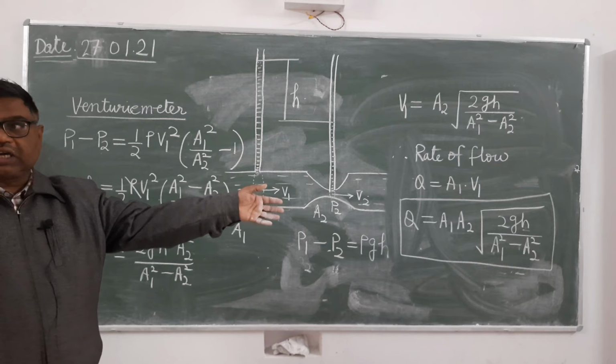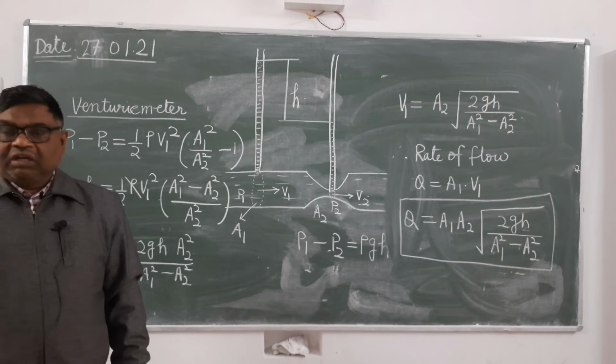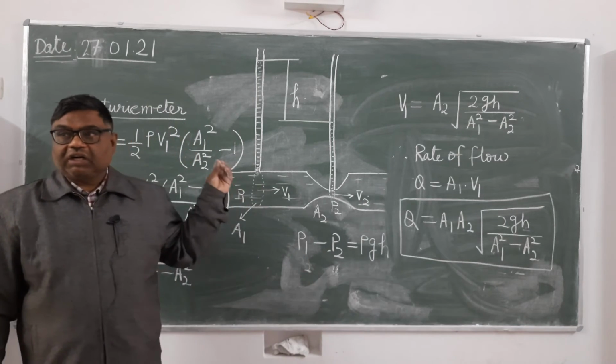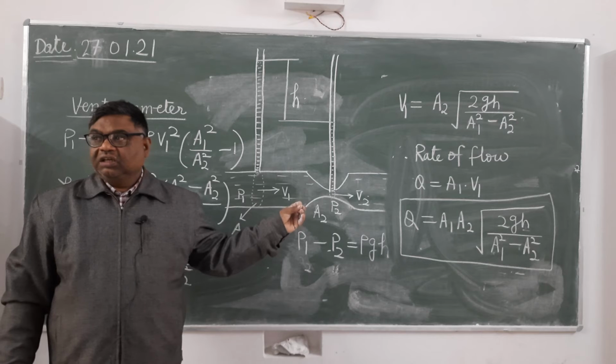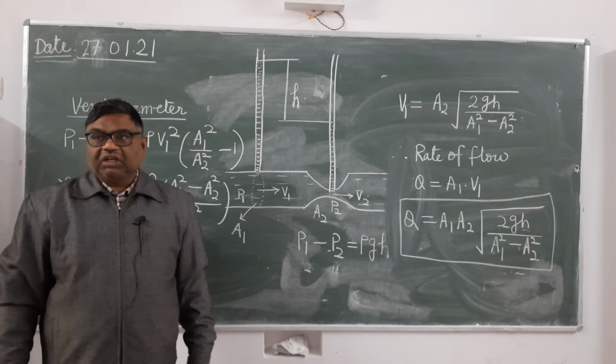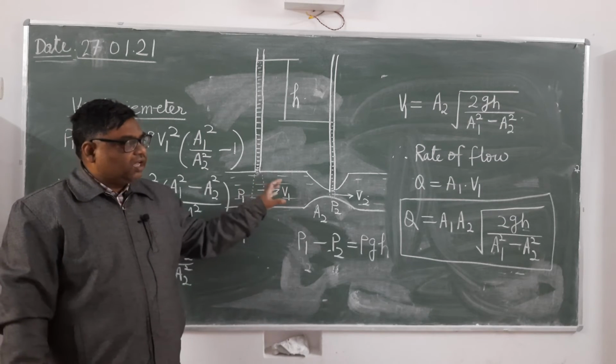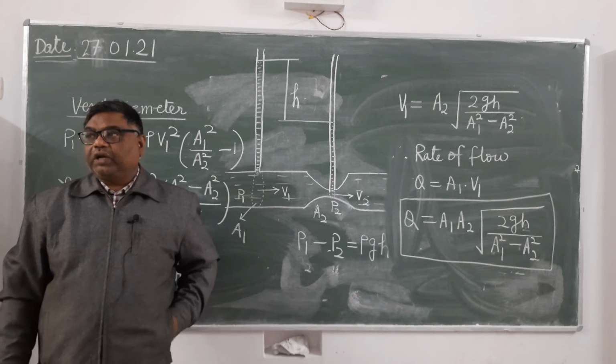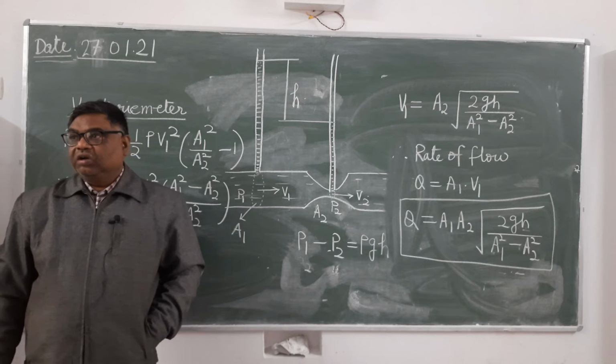That can be obtained with the help of this. And why do we say average? Because the liquid is not 100% ideal. So you will get the average rate of flow, which will be very close to the true value of the rate of flow. Is it clear?